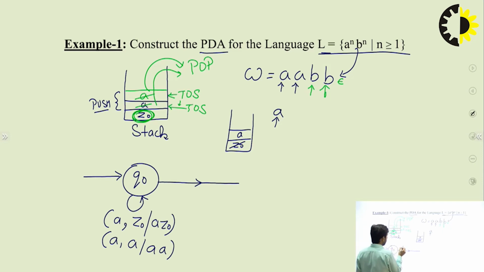Now when all the A are over, the input will be B, and the top of the stack is A. On seeing A on top of the stack, when the input is B, we pop the A.